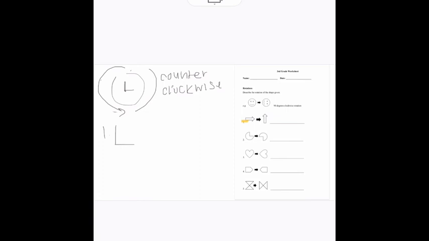So if your shape is this way and it turns this way, that's 90 degrees. But if it turns this way, then that's 180 degrees. You add 90 degrees plus 90 degrees. That's 180. But that's very complicated.